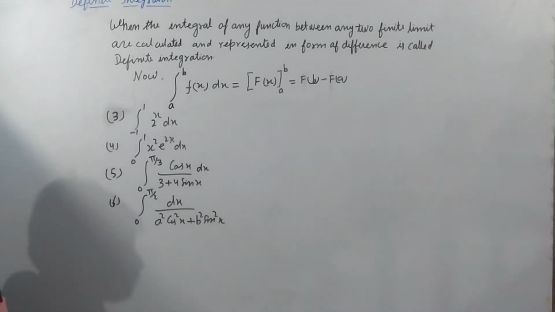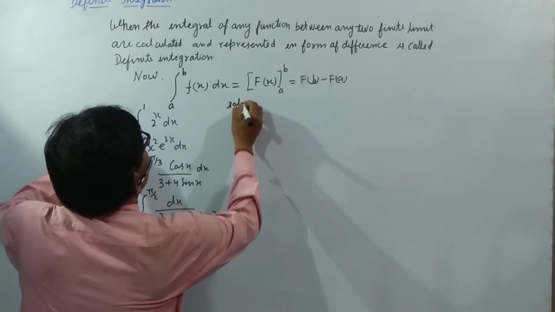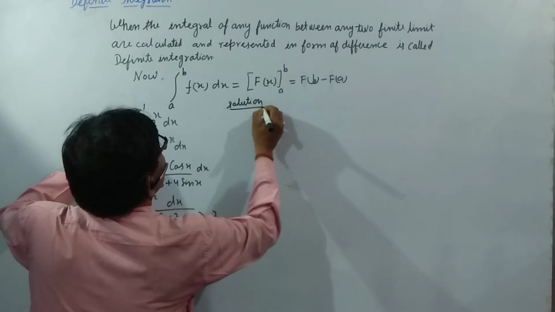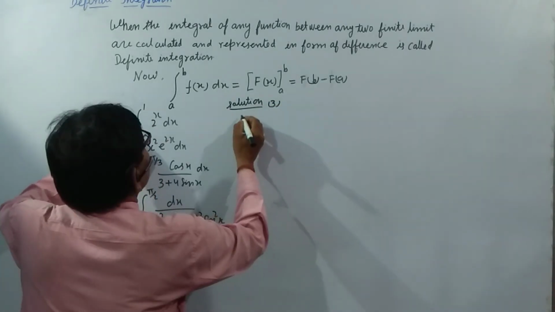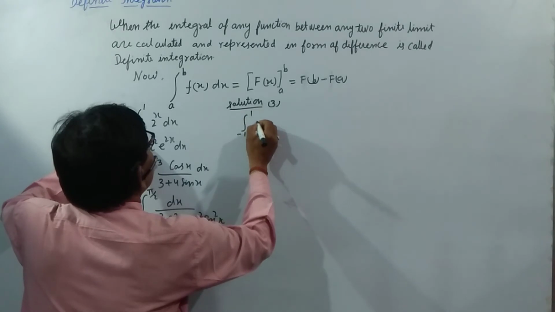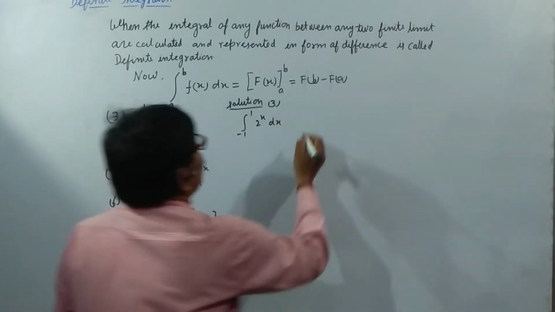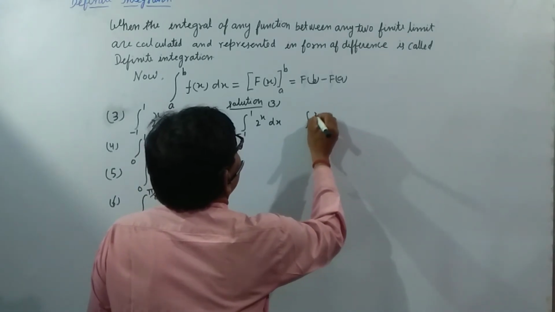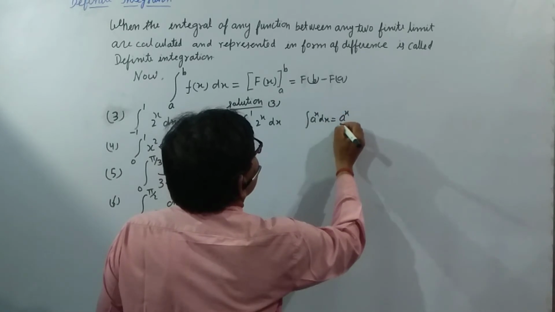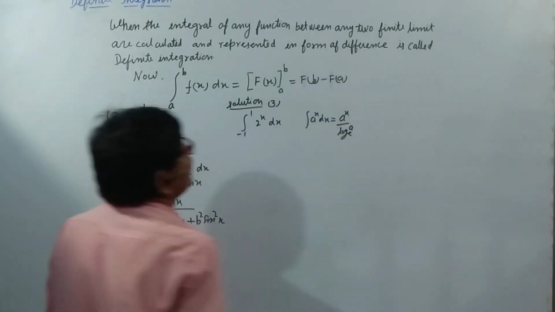Now question number 3. Solution of 3: integration with limit minus 1 to 1 of 2 to the power x dx. As you know, the integration of a to the power x dx equals a to the power x divided by log a base e.